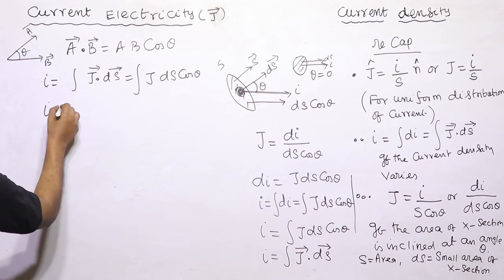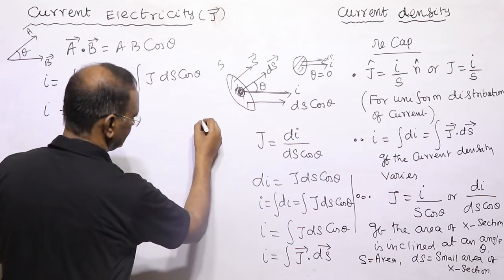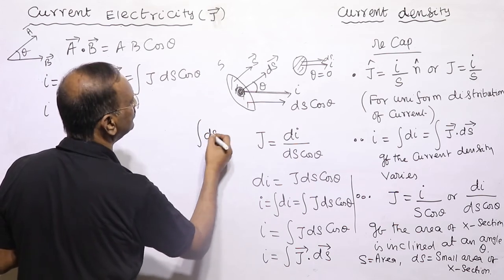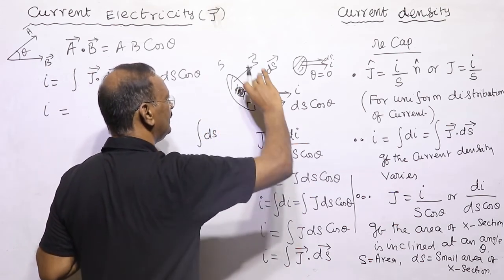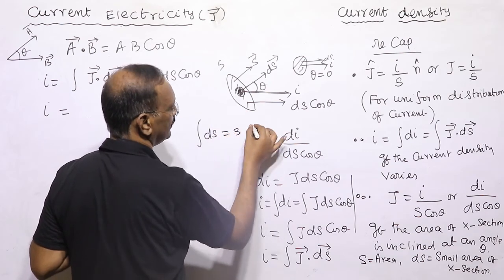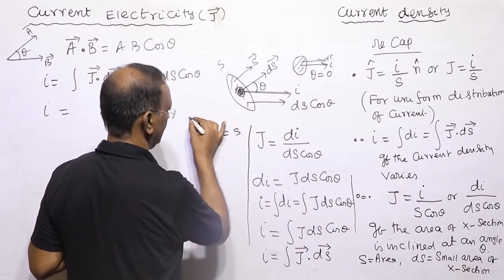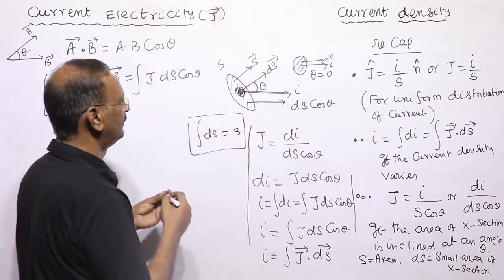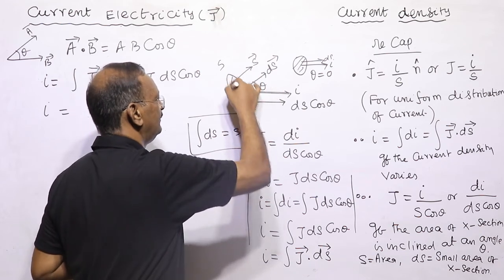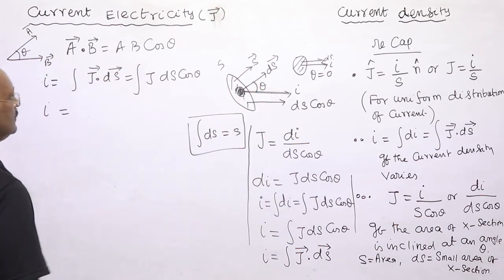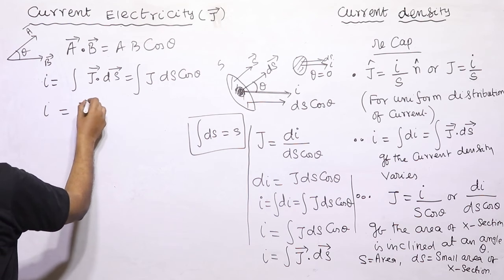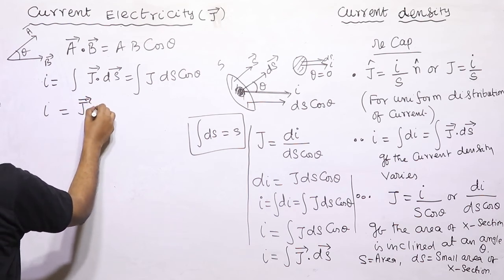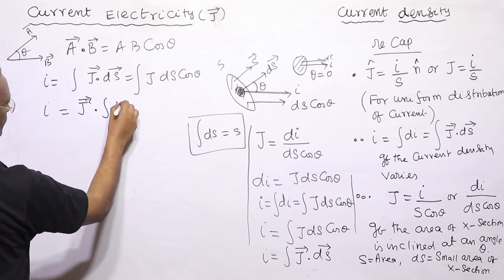What is the integration of ds? If you integrate ds, the total area is equal to S. If we add up all the small areas, we will get the total area. So we can write j into ds, or the j vector dot product with the ds vector.